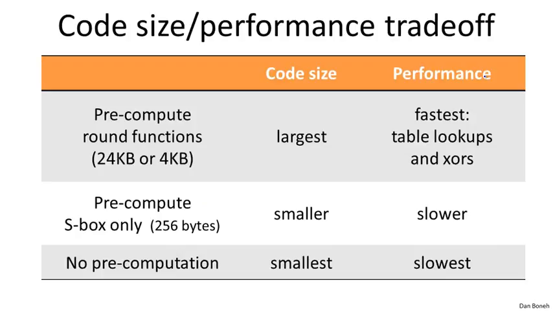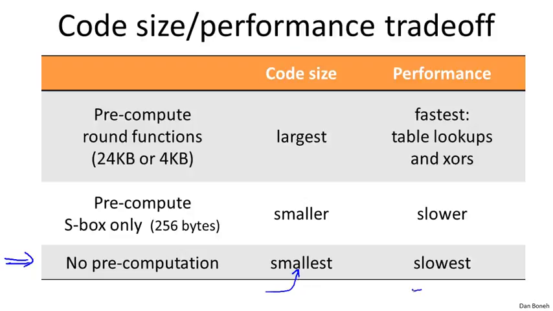In fact, this is a generic fact about AES, that if you allow no pre-computation at all, including computing the S box on the fly, then you get a fairly small implementation of AES, so it could fit on very constrained environments where there isn't enough room to hold complicated code.